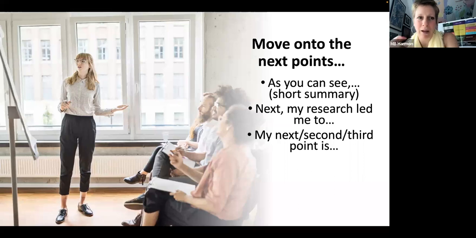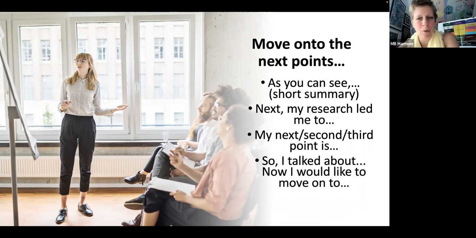You can keep using this phrase as a simple way to introduce your next topic. Or you can get towards the end, you can say, I talked about this, now I'd like to move on to this. Okay? These are really simple ways that we keep the conversation going and we keep the presentation going by adding these different phrases.